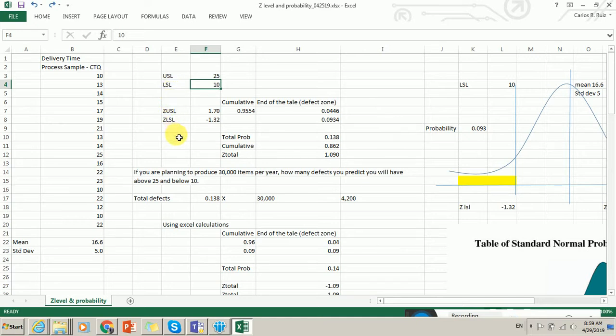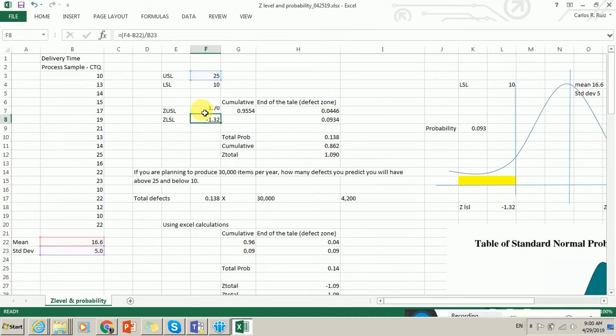Remember, the Z level represents how many standard deviations I'm able to fit from the mean to the upper spec limit, and how many standard deviations I'm able to fit from the mean to the lower spec limit. That's the calculation that I'm making here. In this case, the Z level of the upper spec limit will be the upper spec limit, in this case 25, minus the mean, which is 16.6, divided by the standard deviation, which is 5.